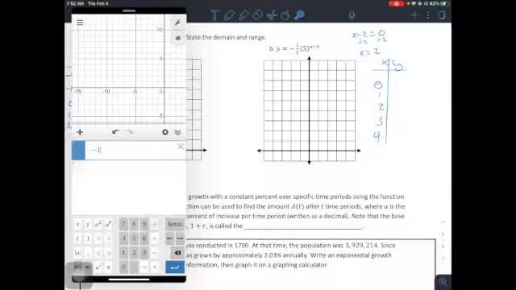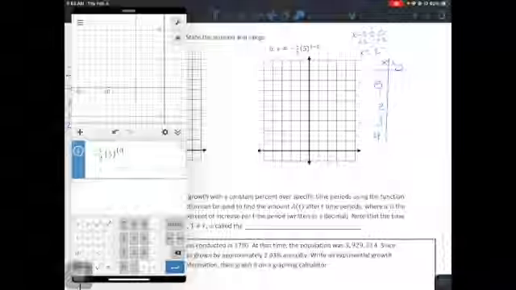So -1/2 times 5 to the 0 minus 2 power. Oops. You can stay inside the exponent for that. On Desmos and on your graphing calculator, you have to use parentheses.